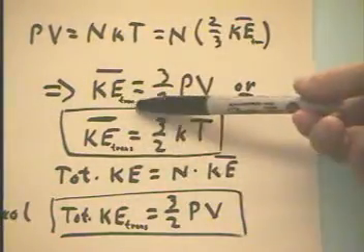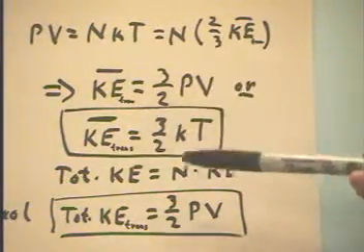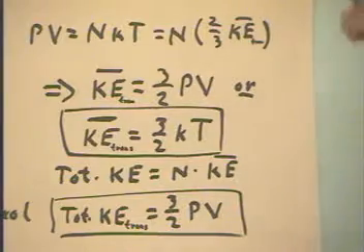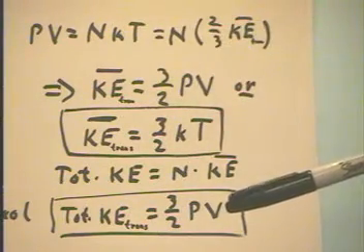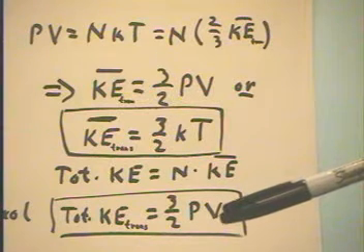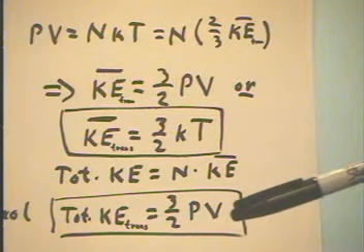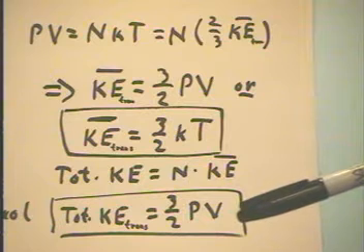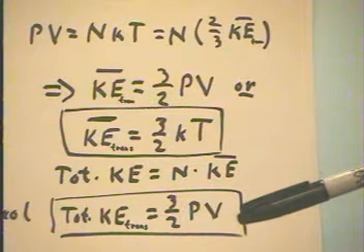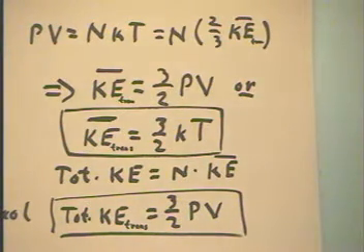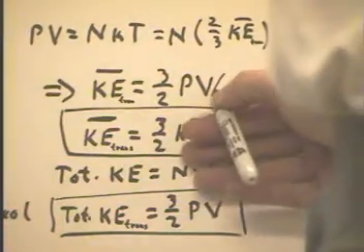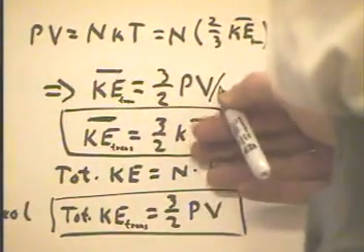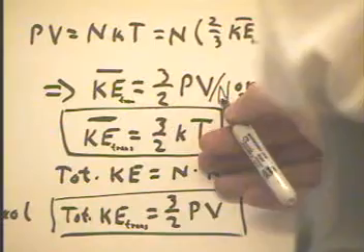Average translational kinetic energy is then expressed in one of two ways. This should be divided by N here. I was anticipating the total energy.